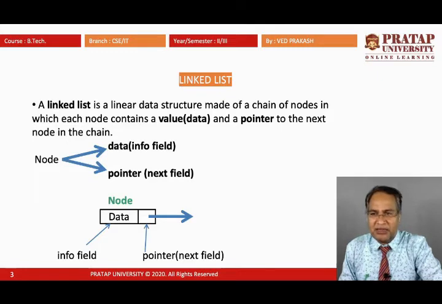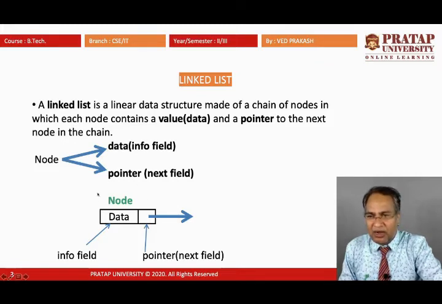So we can say a node is a combination of two sections: first data and second pointer. Data is the information which we want to process, and the next field holds a pointer that points to the address of the next node to be connected.